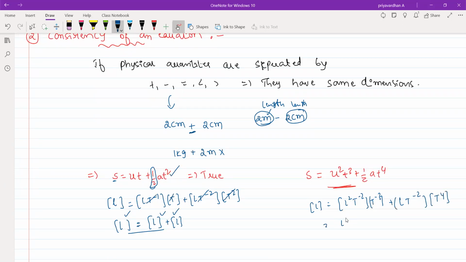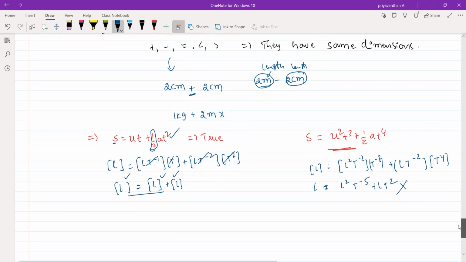Here you are getting some other result, t power minus 5 and L t power 2, which is equal to this one, which will never be true. Length can be equated with length only, or length can be added to length only. Okay, fine. Is this clear?